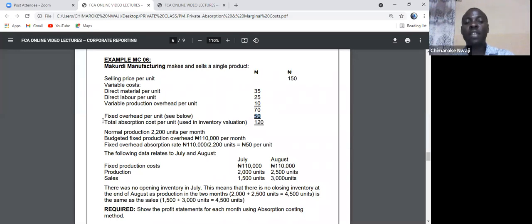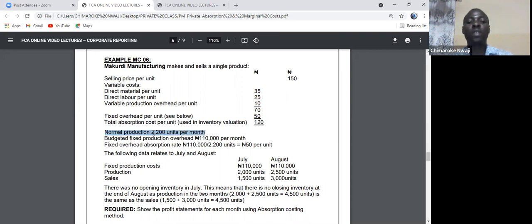And we are told that your total absorption cost per unit used in inventory is now 120. So you see, we are now using 120 for our inventory valuation, unlike in marginal costing where we use 70. How did we get this 50? Look at it. Normal production units per month.